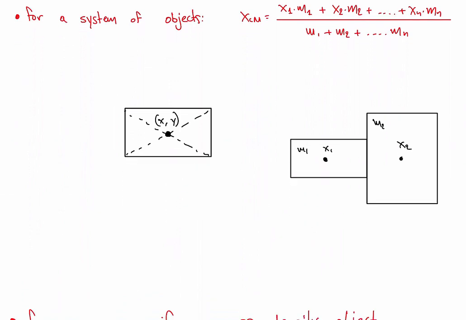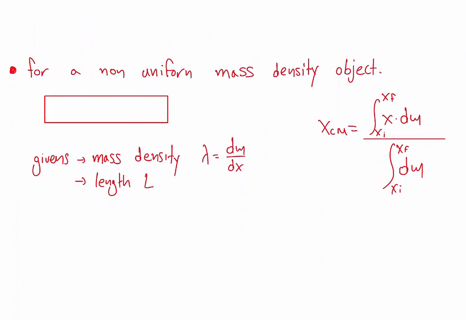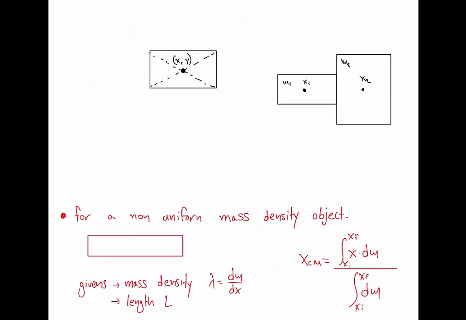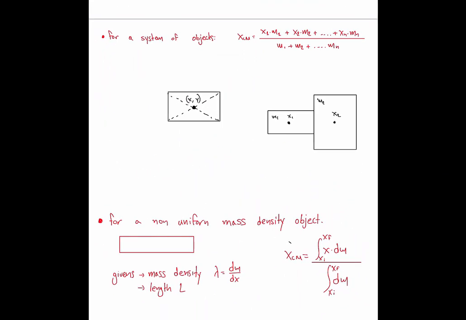And for an object that has non-uniform density, the law is very similar. It's just that the center of mass position is equal to the integral of x times dm divided by the integral of dm.